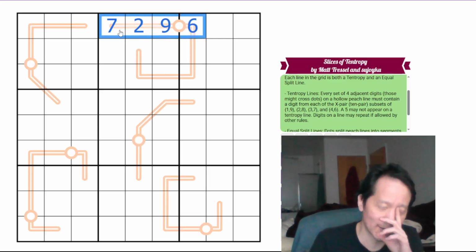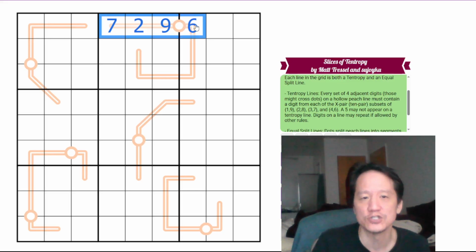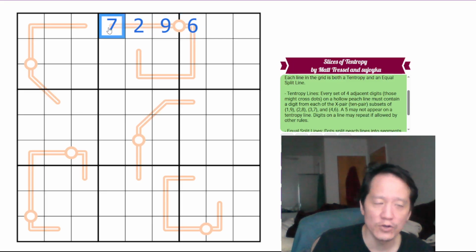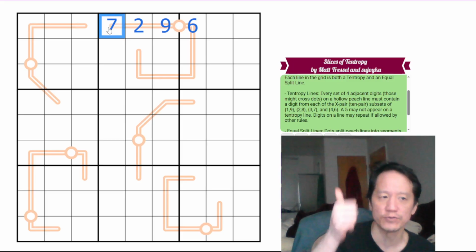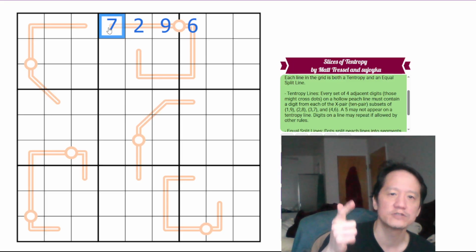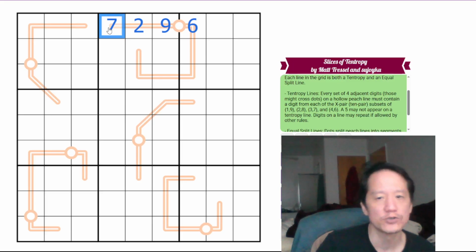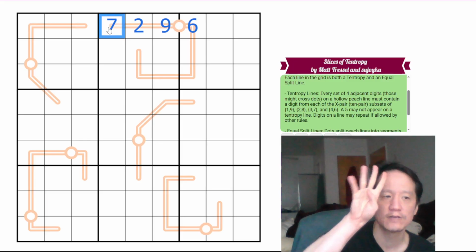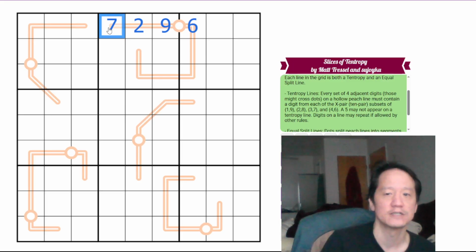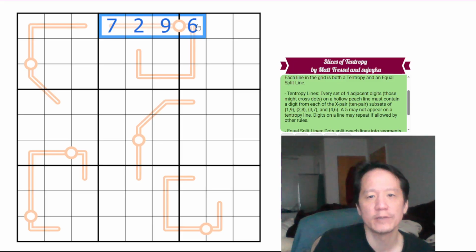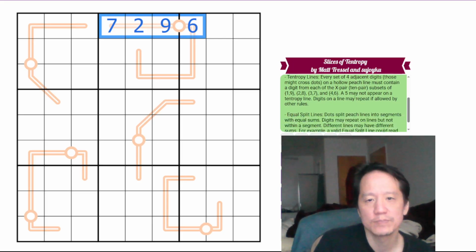This would work as a valid 4 adjacent digits on a tentropy line, because you have 7, which is from 3 and 7, 2 is from 2 and 8, 9 is from 1 and 9, and 6 is from 4 and 6. So you have one of each of the different pairs that add up to 10, which is why they're called 10 pairs here. And that's what tentropy lines must be.